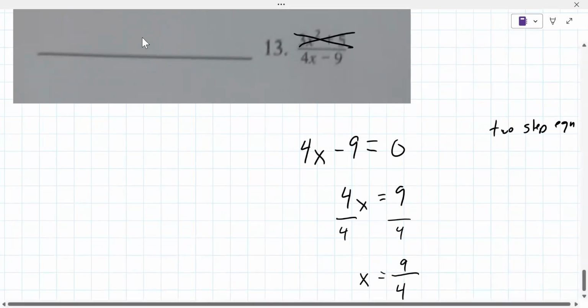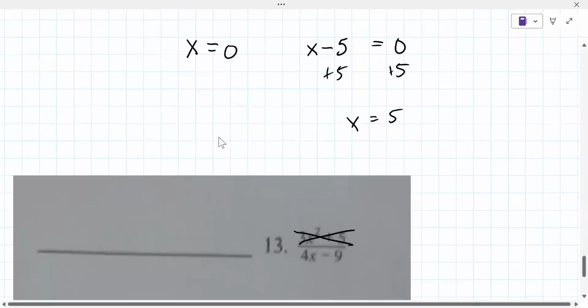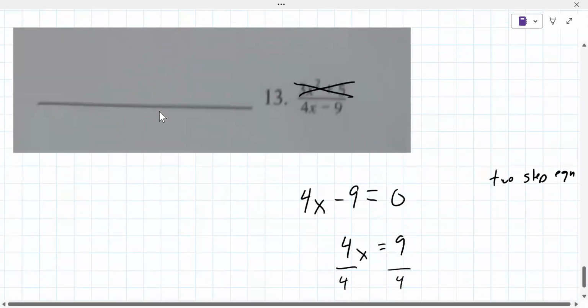Is that what we write up here? Is that the answer? I would say no. I have a feeling. Well, what did we do in the previous problem? We wrote everything that does not equal. We put a slash, that's right, because it cannot equal, does not equal, is not equal to.